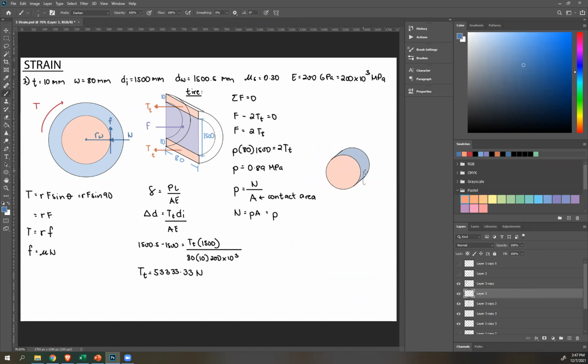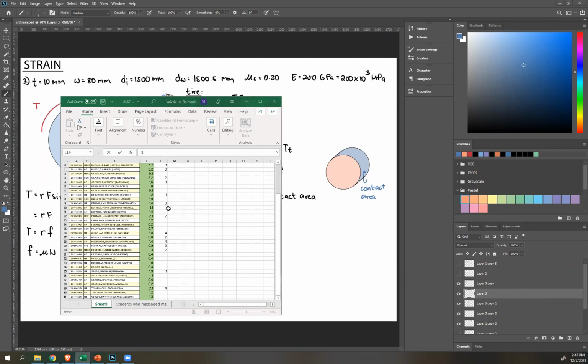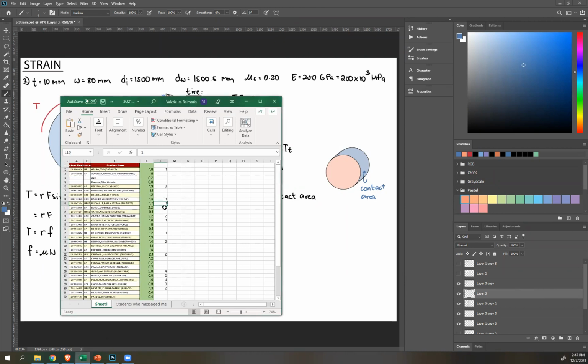This is the contact area. So who got it right? Craig Burst and Gwyneth de Guzman, Manuel. Very good.